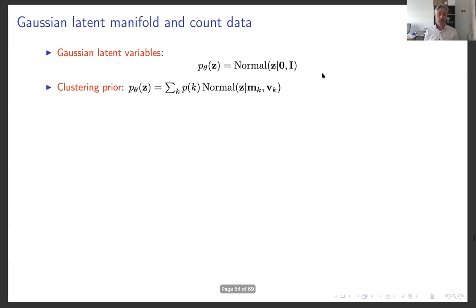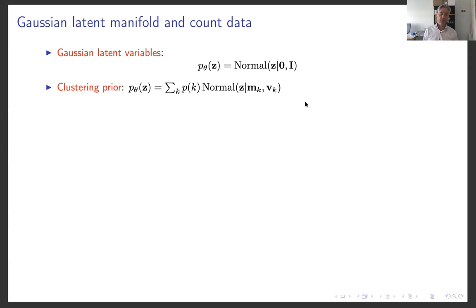Then we can put that into the prior. So we can, for example, define a mixture distribution in the latent space. That means that we have these clusters, and this is a prior cluster probability, and then each cluster is a Gaussian, but with different mean and variance.